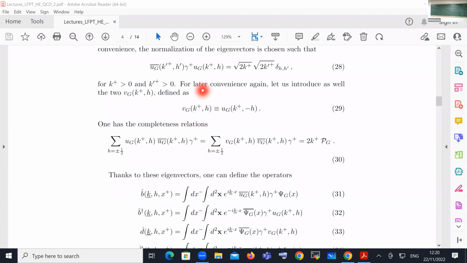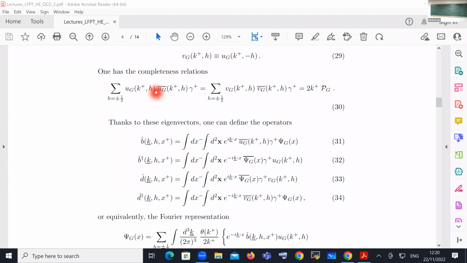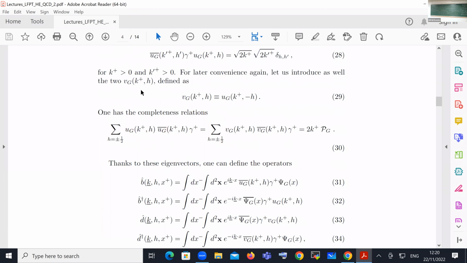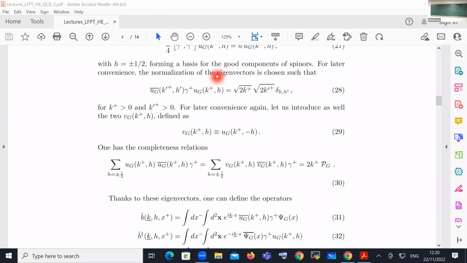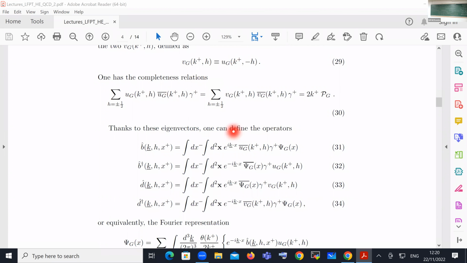And now I would also have the following completeness relation for these two-dimensional vectors: when I sum over the helicity, I recover the identity in these two by two blocks, that's this psi_g, up to this normalization.